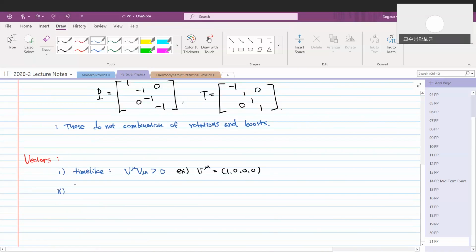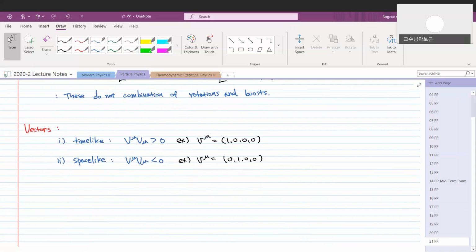Then the second one is space-like, and their inner product is always smaller than zero. For example, 0, 1, 1, 1.